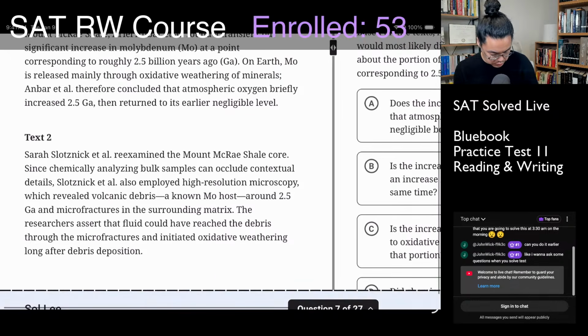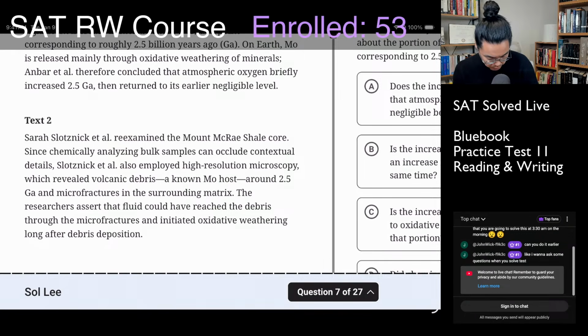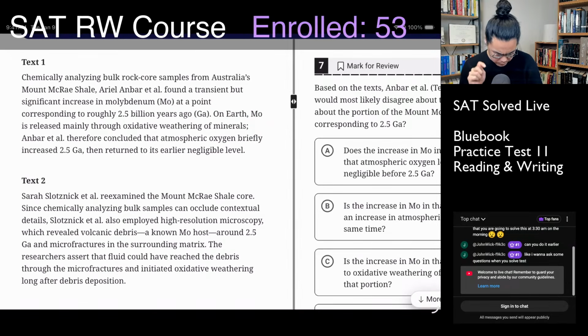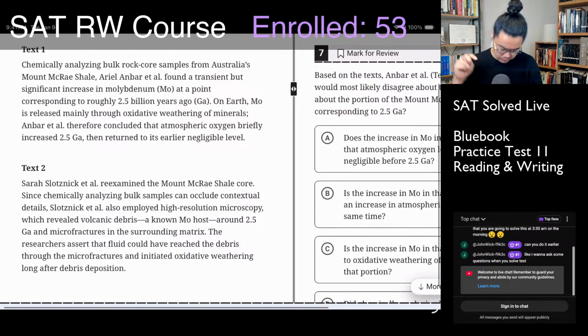Lots of oxygen. Examine the core. A clue. Okay. Yeah. Bulk samples can hide details. Volcanic debris. A host. There was volcano. Okay. Fluid could have reached the debris through microfractures long after. Wait, could have. Wait. That fluid reached the debris.